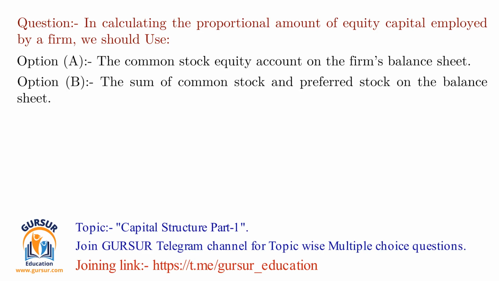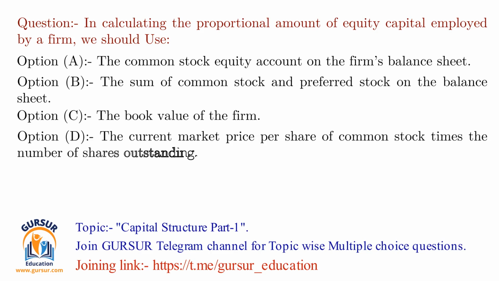Option B, the sum of common stock and preferred stock on the balance sheet. Option C, the book value of the firm. And option D, the current market price per share of common stock times the number of shares outstanding. And your time starts now.